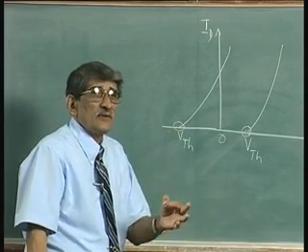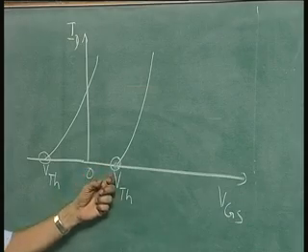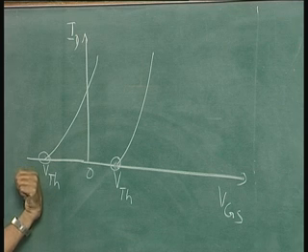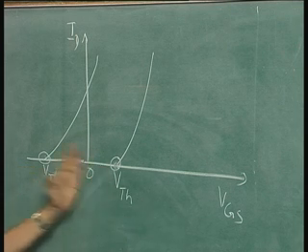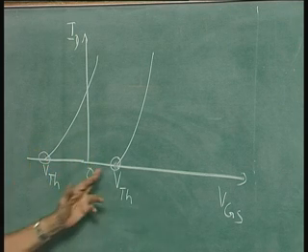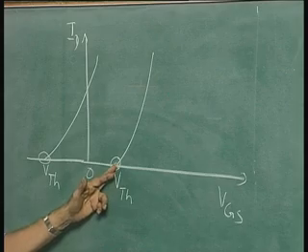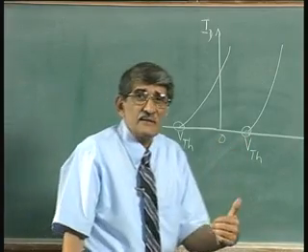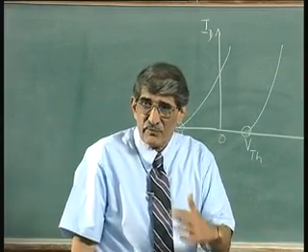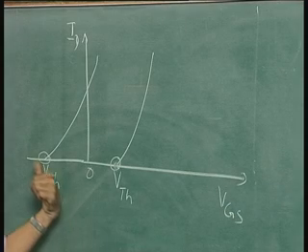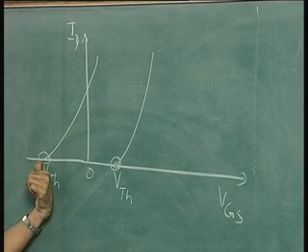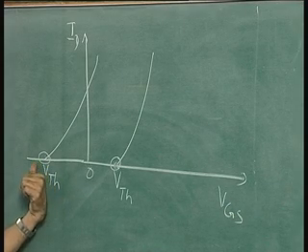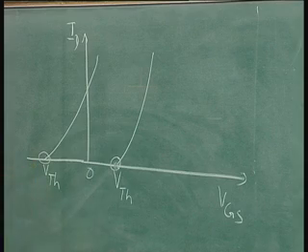In fact, we can have one short discussion for both enhancement type and depletion type. The only difference is that threshold voltage is positive here, and negative here. So, here if I want to go below threshold voltage, I must have VGS less than threshold voltage, but positive. Here, if I want to go below threshold voltage, I must have VGS more negative compared to threshold voltage. That is the whole thing that we are discussing.